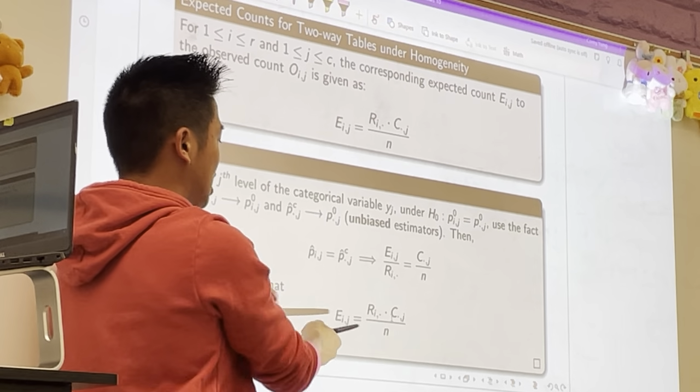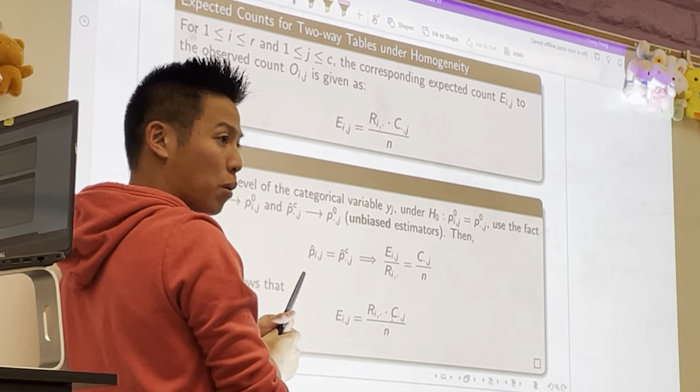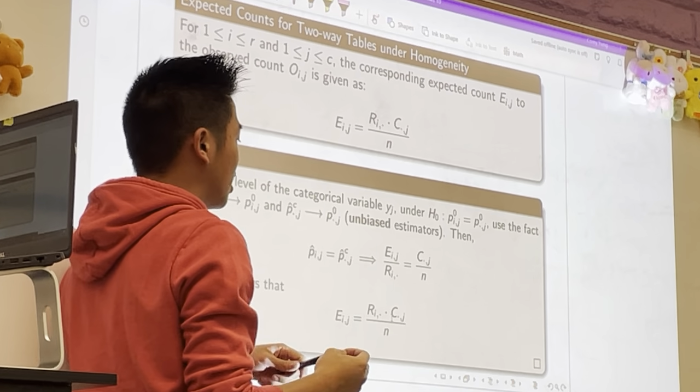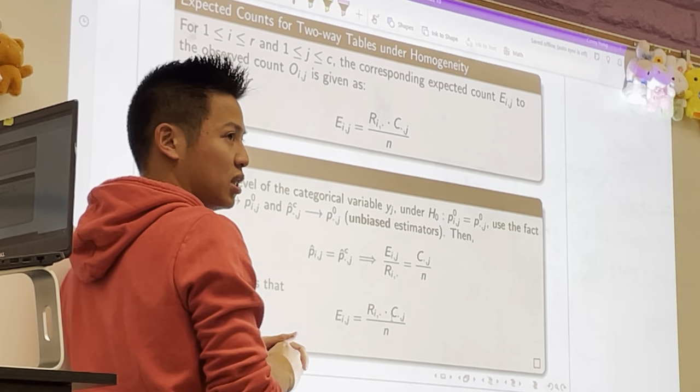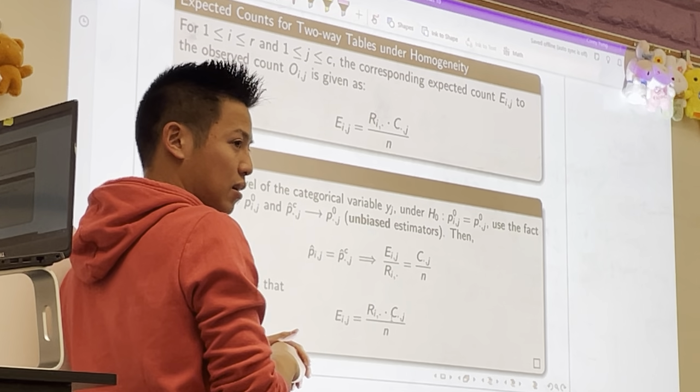But notice that I was able to get the same formula for expected value under different conditions or different assumptions.